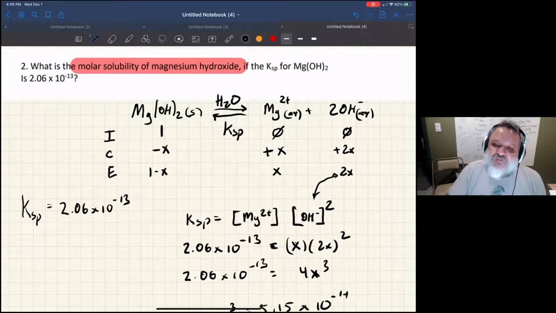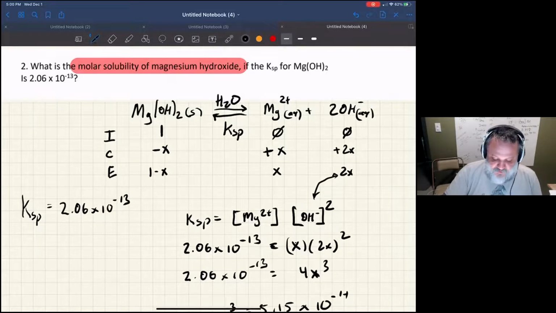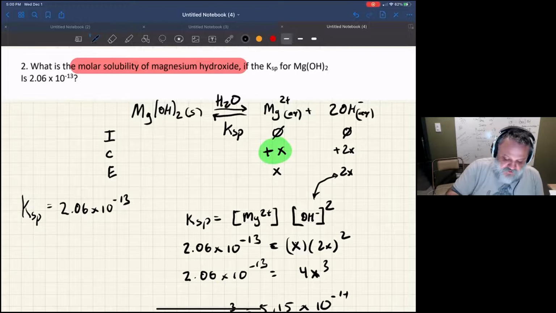So what is the molar solubility then? The molar solubility is how much of the substance will dissolve, in molarity. And so it turns out that the molar solubility is just x. It's just the x in the ICE table. That's what the molar solubility is. Now, this stuff isn't included in the ICE table.